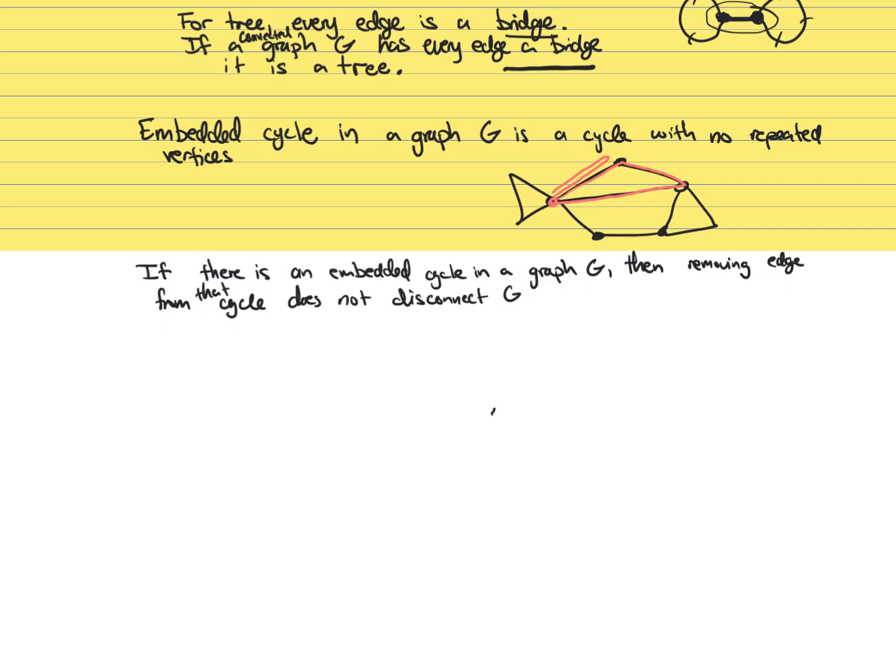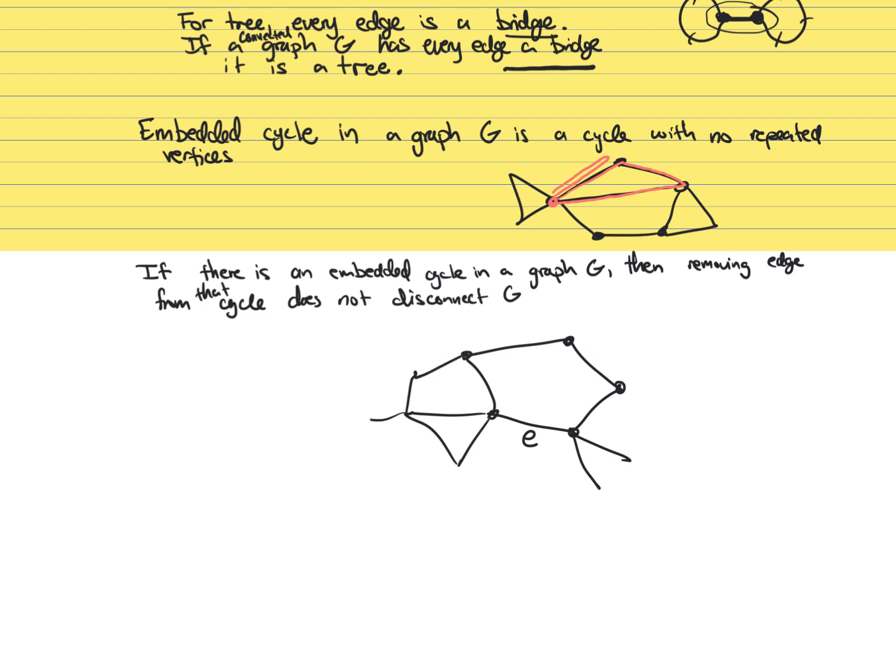Let me draw the cycle that you see. Here's my favorite edge. Again, it's part of some more complicated graph, so I don't really know what it looks like over here.